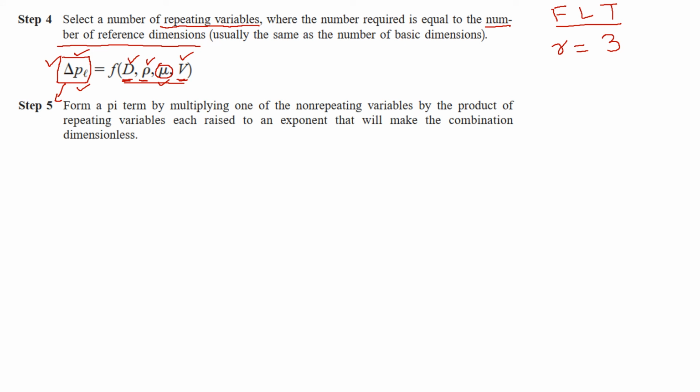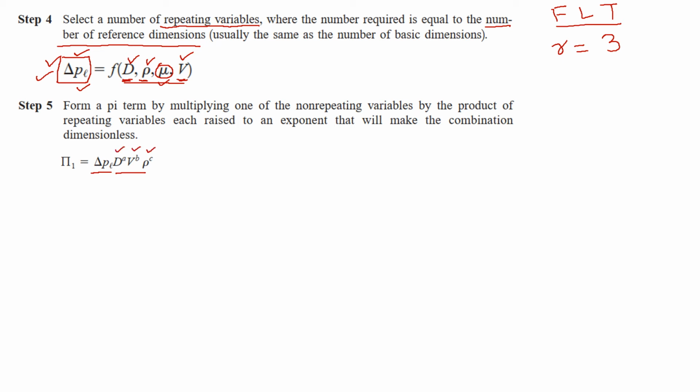In step 5, we will multiply these repeating variables with a non-repeating variable and also raise their power to a certain exponent and then equate them to a dimensionless entity. So what does that mean? Let's form our first pi term by multiplying our non-repeating variable, the pressure drop per unit length, with the repeating variables that we just selected in step 4, that is the diameter, velocity and density.